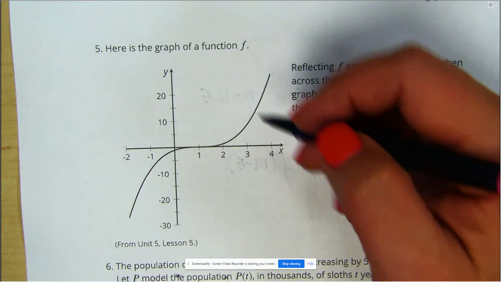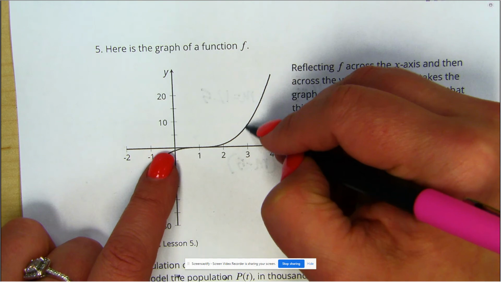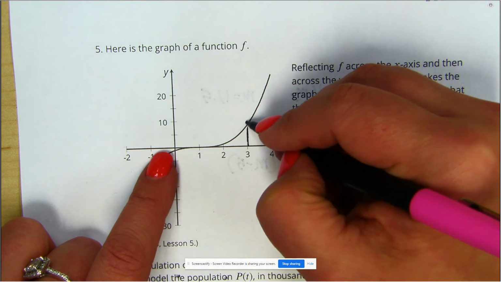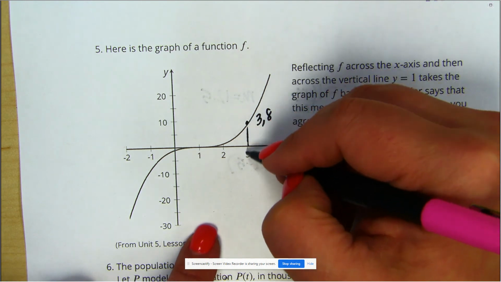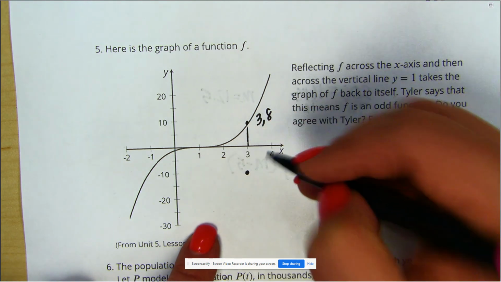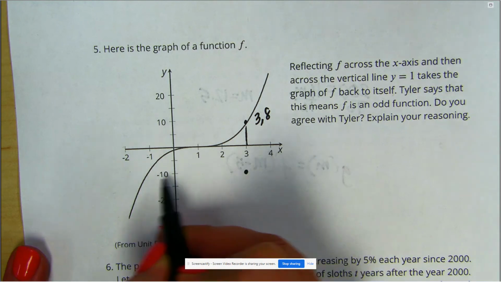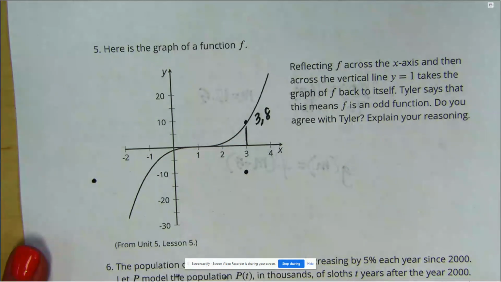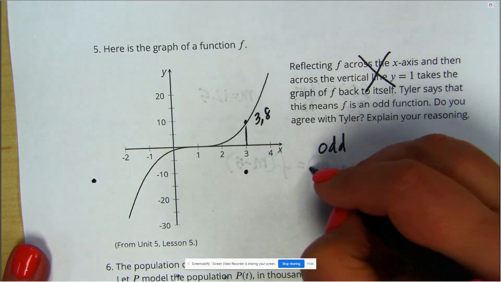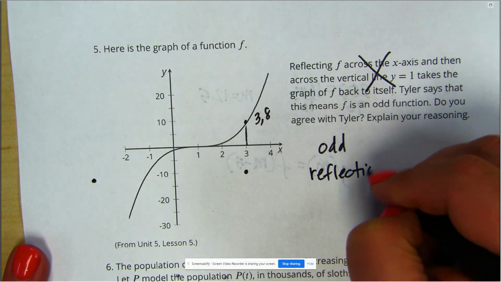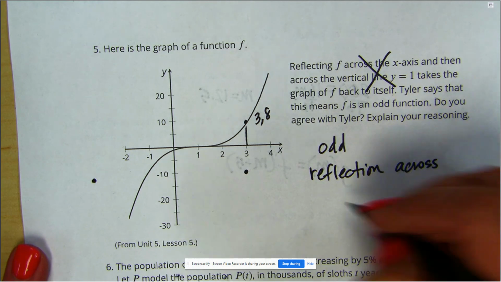So just for example, if I take this point, if I just ballpark it, that looks like 3, 8. It would have to be reflected down here to 3, negative 8. And then it would have to be reflected over here to negative 3, negative 8. Okay? This is not true. To be odd, it's a reflection across both the x and the y axis.